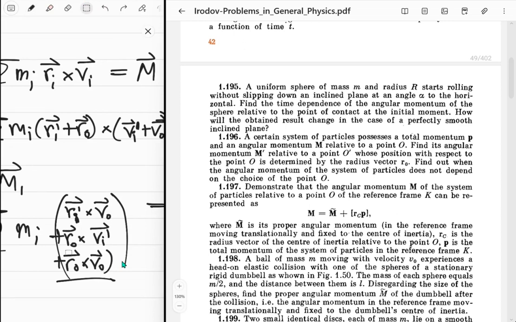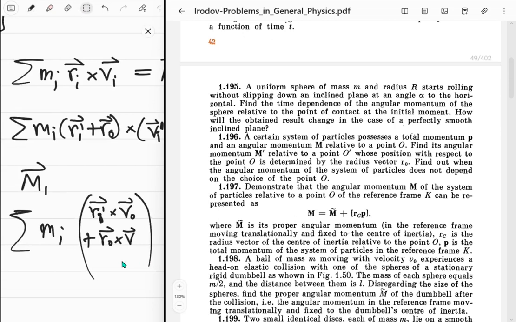So maybe r naught vector cross just v vector. So the summation of mi r naught vector cross v vector, what's that? That's just r naught vector cross P vector, right? So this other summation can also be taken out. So something like r naught vector cross momentum vector, as seen in O's frame, of course.